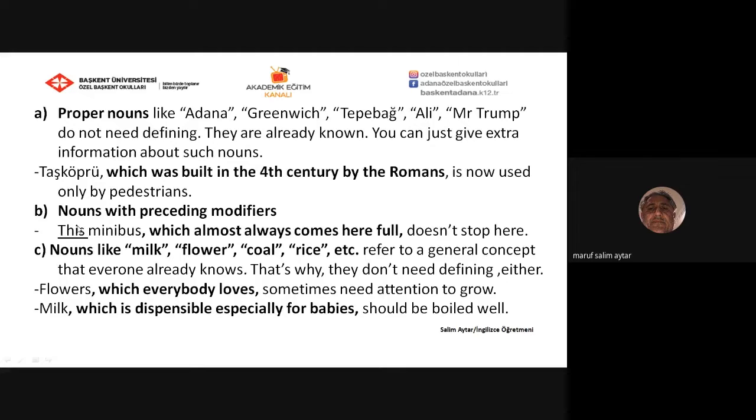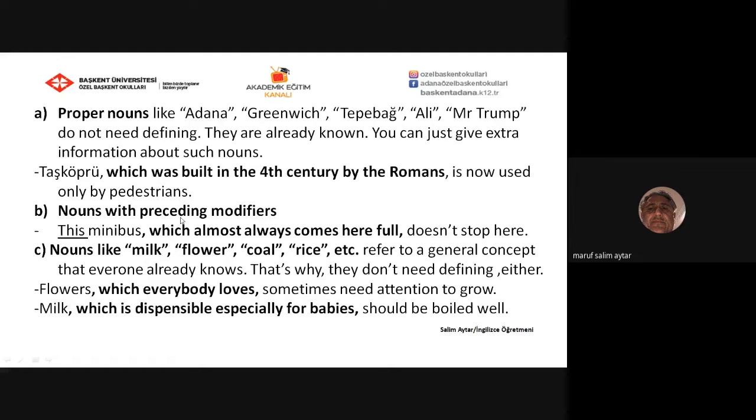Another point is when you have nouns with preceding modifiers like this minibus, that person in front of the class, those people looking at us, these birds on the balcony, you don't have to define them.